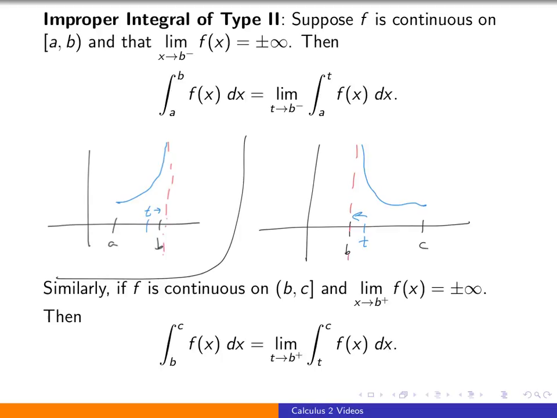So the idea is very similar to improper integrals of the first type, with one subtle twist. We somehow have to recognize that even though we have these finite limits of integration, you have some type of infinite discontinuity, which makes it an improper integral of the second type.